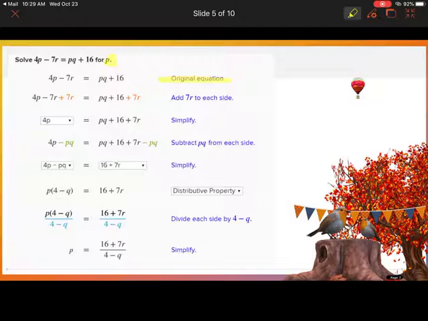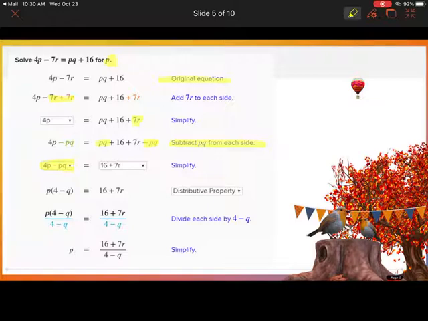So when we simplify that, the 7R comes on this side, goes away from up here, so we're just left with 4P. Then we have to get the P's on the same side because that's what we're solving for, so we're going to subtract PQ. So we subtract PQ over here, and we end up with 4P minus PQ equals 16 plus 7R because the PQs canceled out and went away.